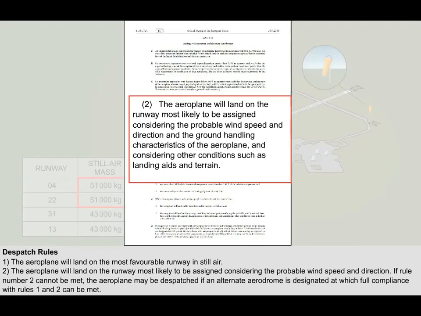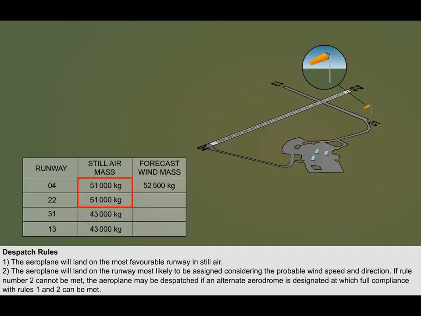The second dispatch assumption is that the aeroplane will actually land on the most likely runway to be assigned, considering the probable wind speed and direction. In this case, runway 04 has a strong headwind for the landing, which will allow the aeroplane to land at a much greater mass than if there were no wind. In our example, the headwind has increased the maximum landing mass to 52,500 kilograms.